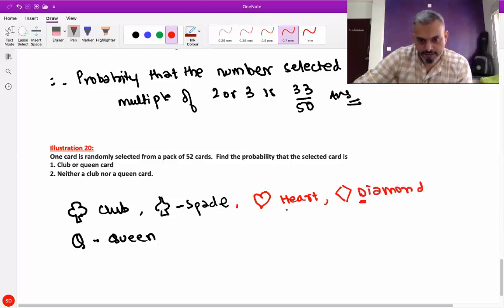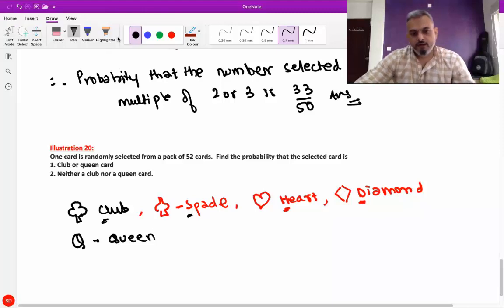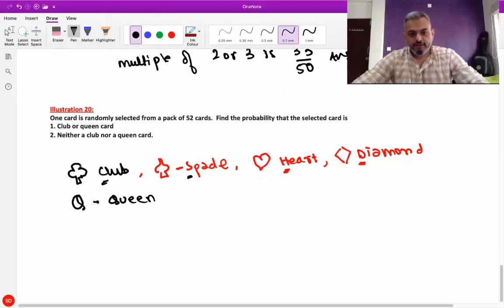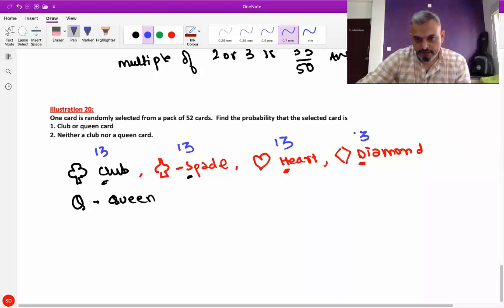So diamond D, heart H, spade S, and club C. Now each of these symbols over here, there are 13 cards. 13, 13, 13, 13. Each of these symbols is known as suit.